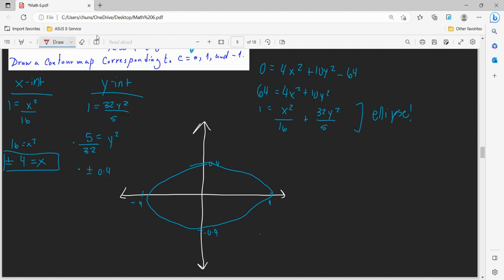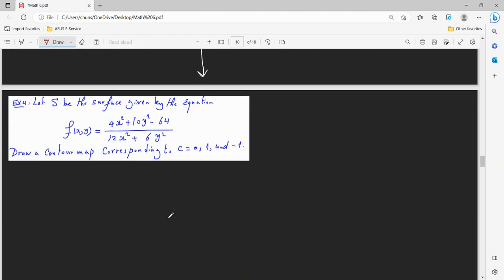Okay, in red, we're going to work with 1. So now we have 1 is equal to 4x squared plus 10y squared minus 64. And so we can cross multiply and divide. I'm just going to make this equal to 1 over 1, which is still 1.